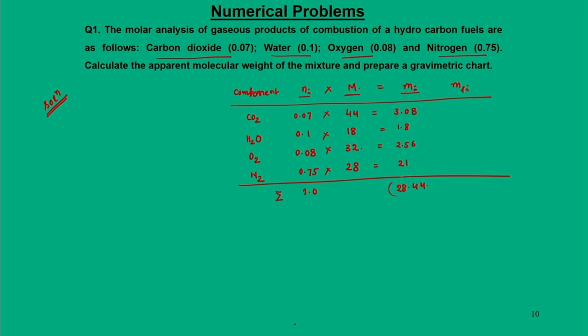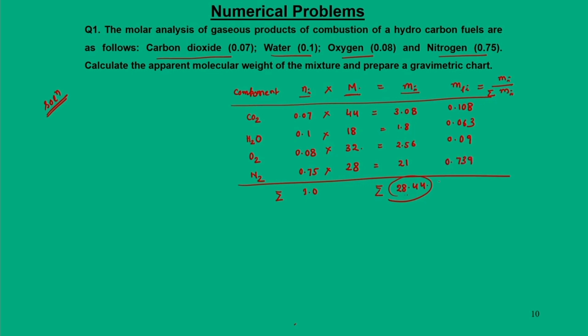Then we know the summation of Mi, and the mass fraction Mfi is nothing but Mi by the total mass. So, 3.08 by 28.44 is 0.108, 1.8 divided by 28.44 is 0.063, 2.56 divided by 28.44 is 0.09, and 21 divided by 28.44 is 0.739.